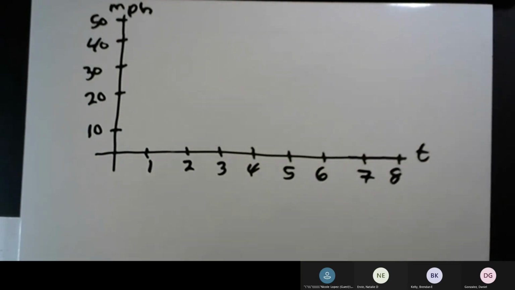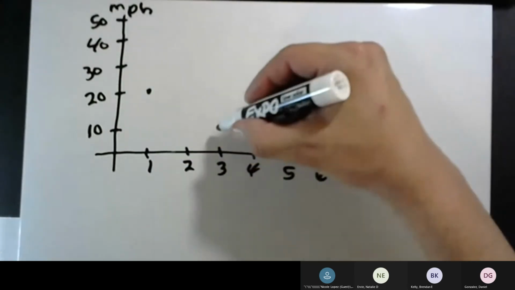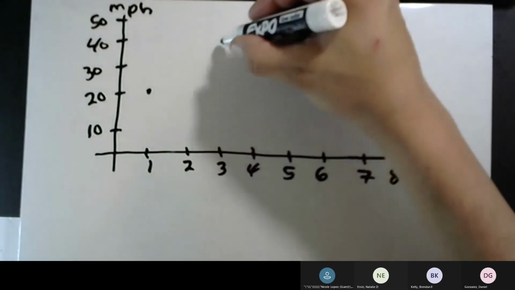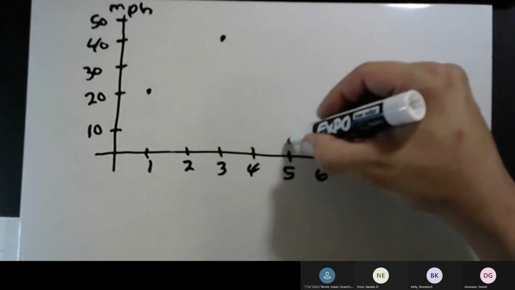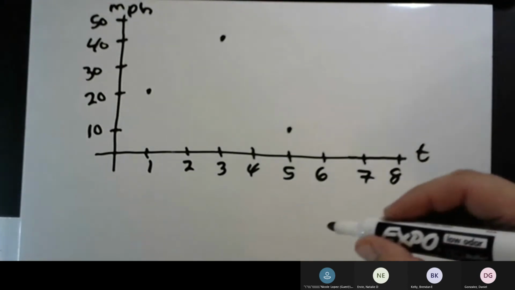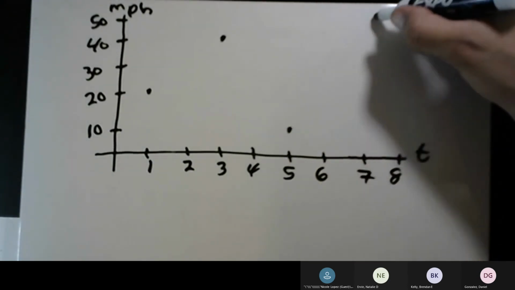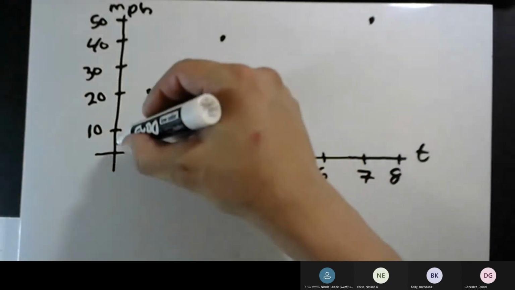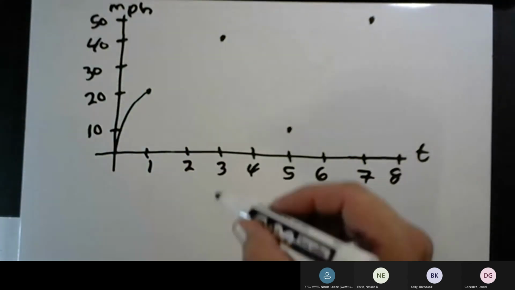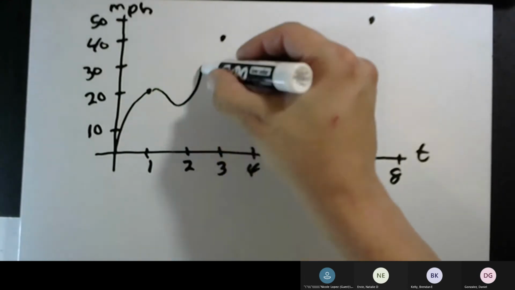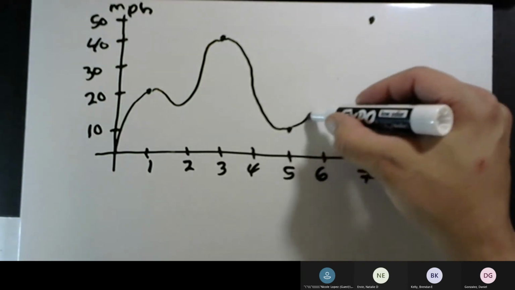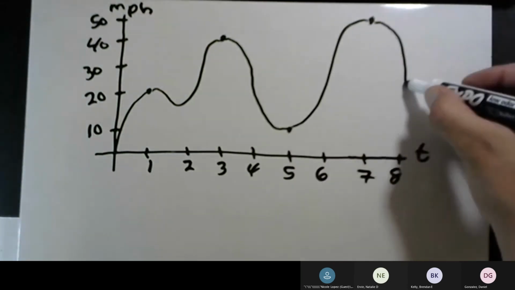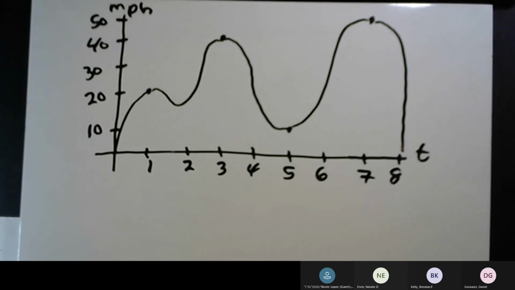And let's say our velocity curve, let's say at 1 hour or at 3 hours will be at 40, 5 hours will be at 10, 7 hours will be at 50. So our velocity is kind of all over the place. So we have a velocity curve doing something like this. It's just running all over. So this might represent like a lot of stop and go traffic.